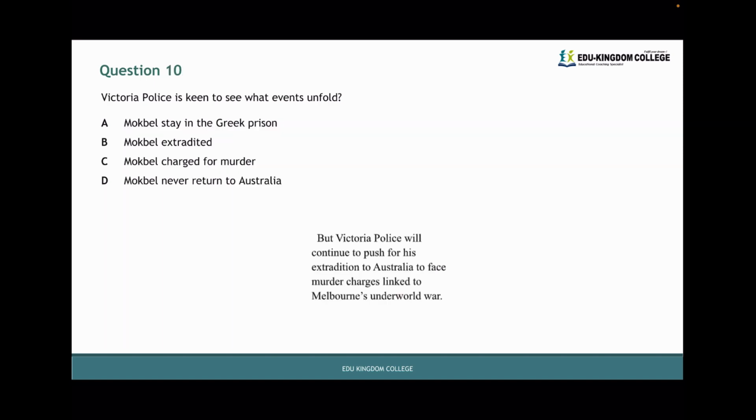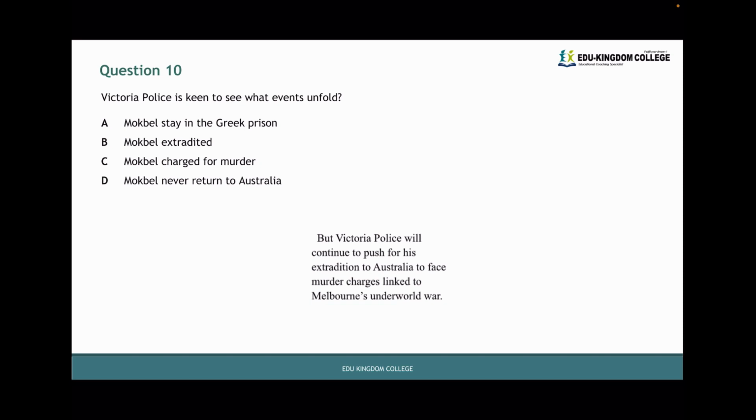In question 10, it asks us, Victoria Police is keen to see what events unfold. So in the extract, it states, but Victoria Police will continue to push for his extradition to Australia to face murder charges linked to Melbourne's underworld war. So Victoria does want to see Mokbel in court, but Victoria Police wants Mokbel in relation to the murder charges with Melbourne's underworld war.